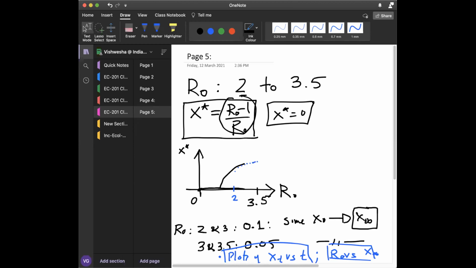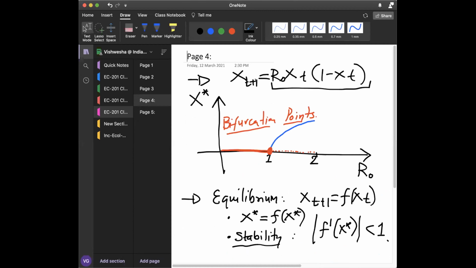Is that fine? This is using the previous formula. So basically, how do you get this? Recursively apply that: Xt plus 1 is equal to f of Xt, where f of Xt is given by this equation.